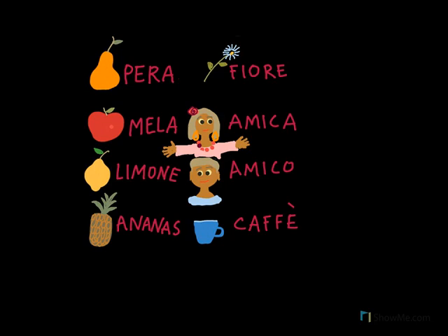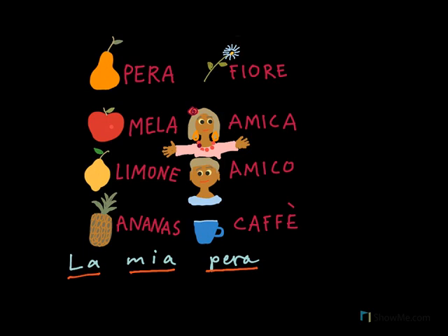You remember it is feminine singular, so you write la mia pera. So what do you need here? You need the definite article, the possessive mia, my, and pera, the word for the pear. So you have my pear.